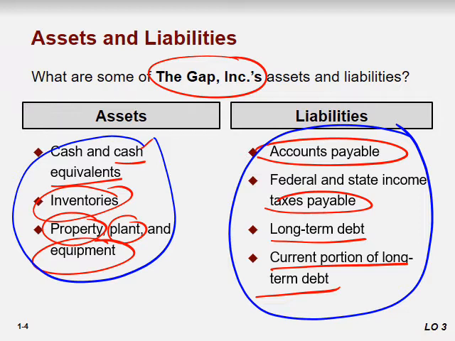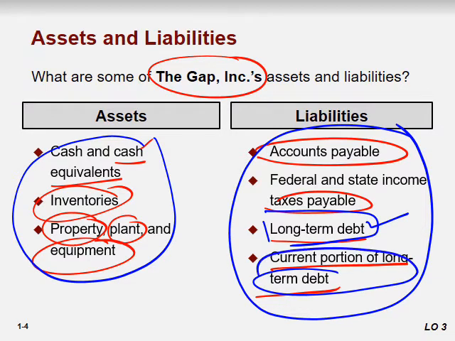That's why we call liabilities the outsiders' claim, right? And what do we mean by long-term debt? For example, the company acquires a loan for 20 years, so we call that long-term debt. And among the 20 years, every year it has to retire or pay some of its loan, so we call that current portion of long-term debt.